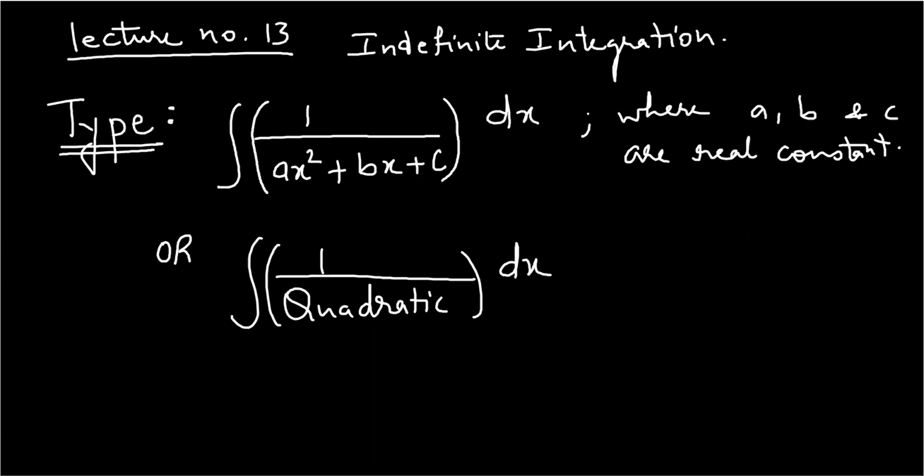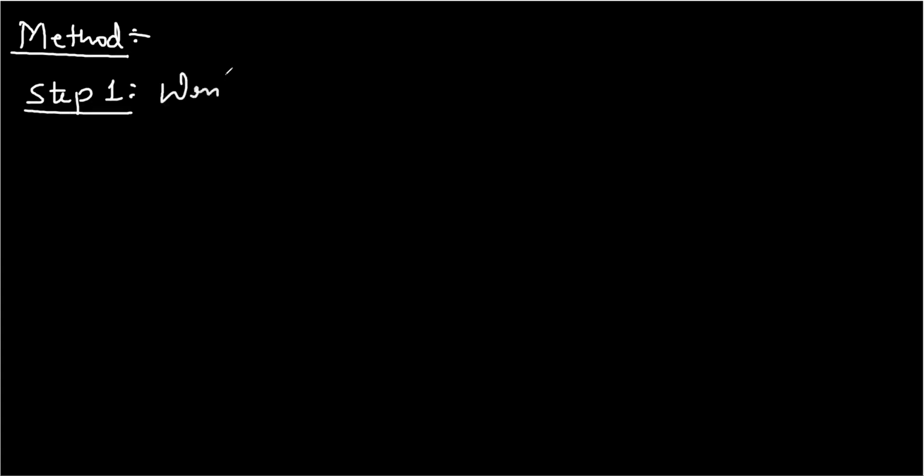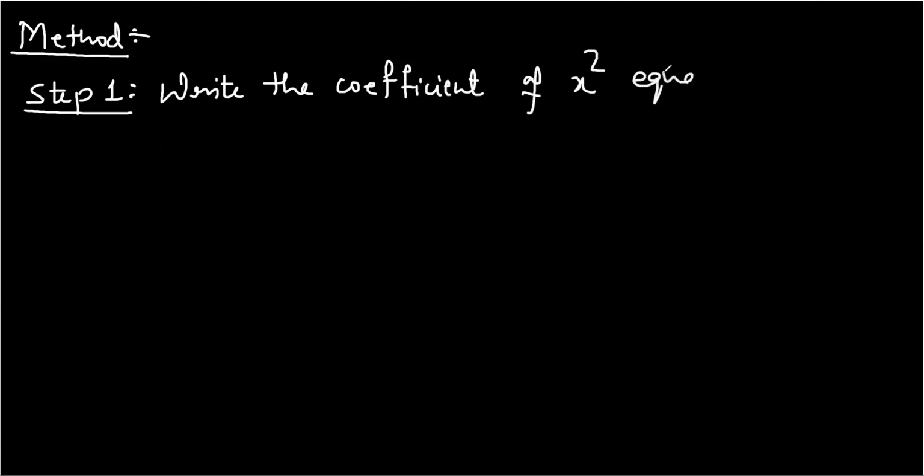After this type, we will write the method. How do we integrate this? Let us write the method. Step 1: write the coefficient of x square equal to 1.